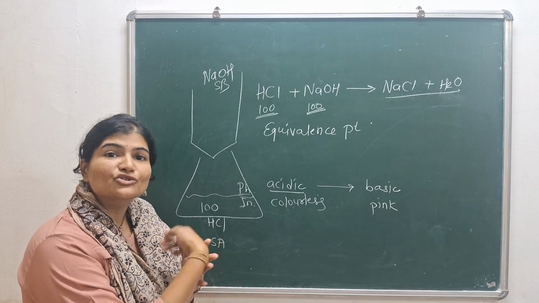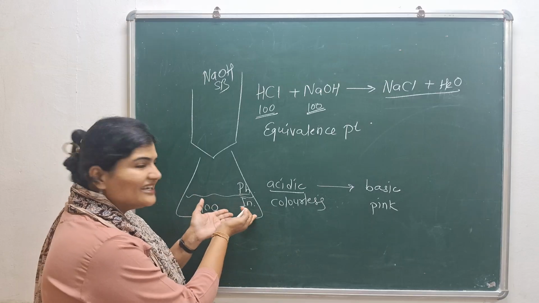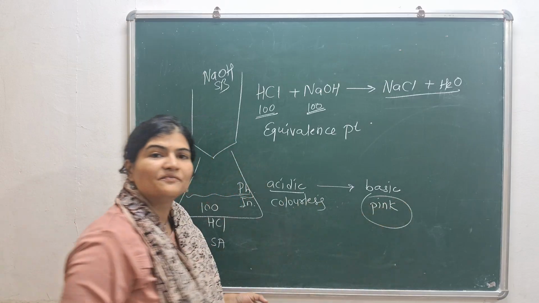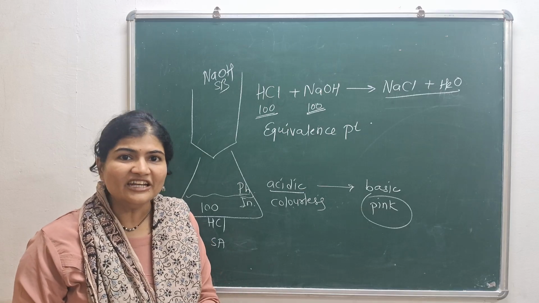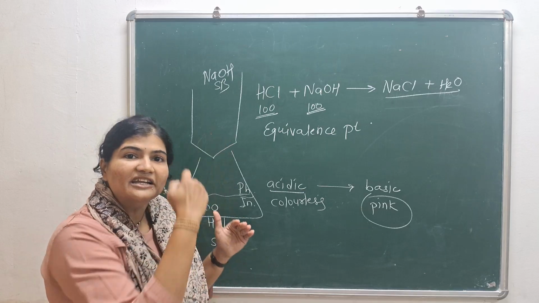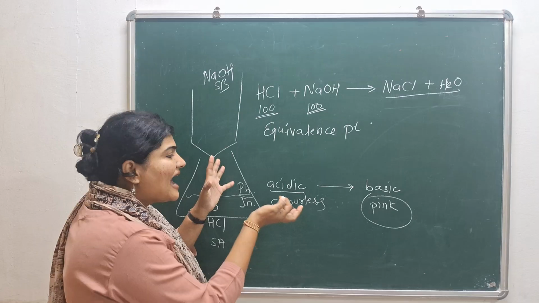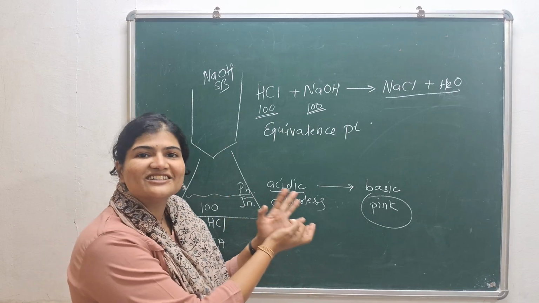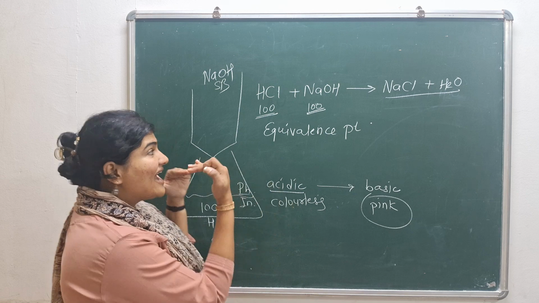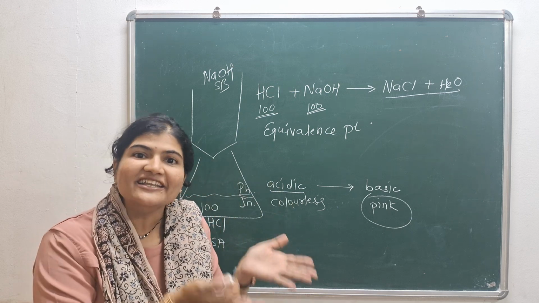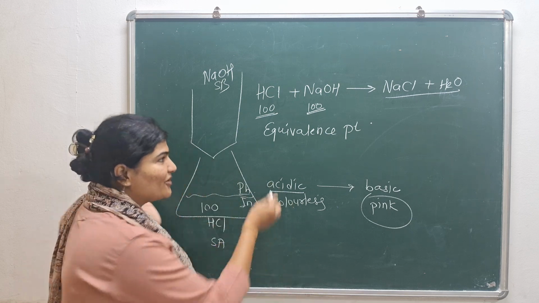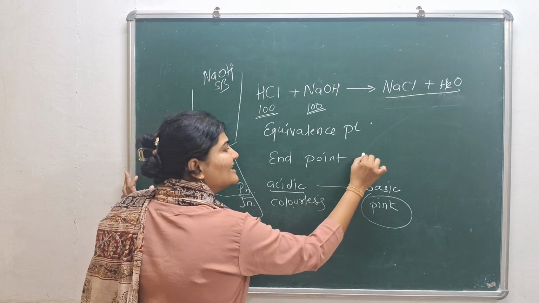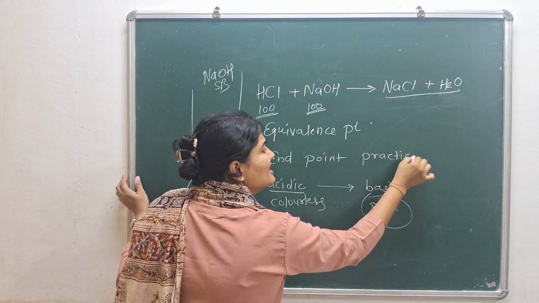As the solution turns basic, my indicator is going to change its structure so that it can show pink color, right? My indicator has shown me the color change from colorless to pink, and that is the point I am going to practically record. That point is called the end point, and it is a practical point where completion of reaction is recorded.